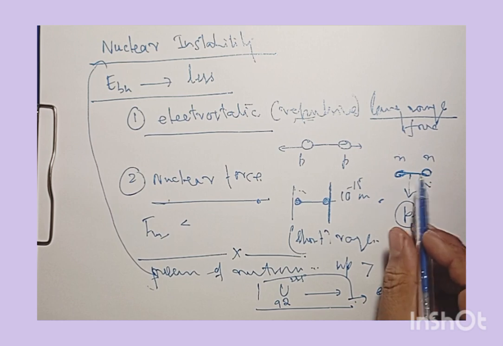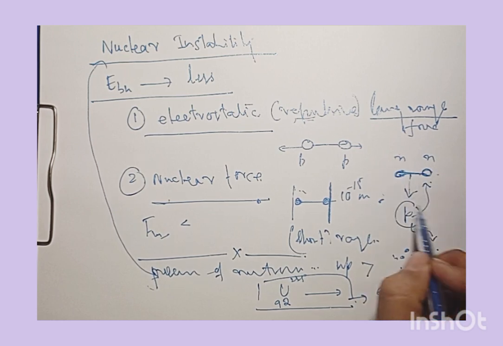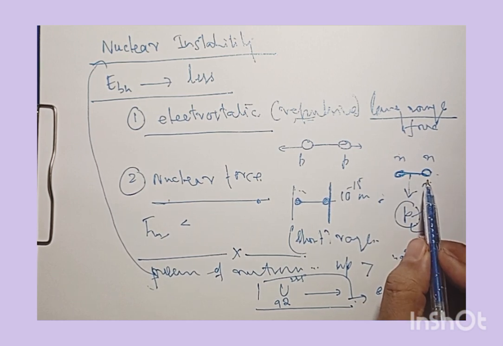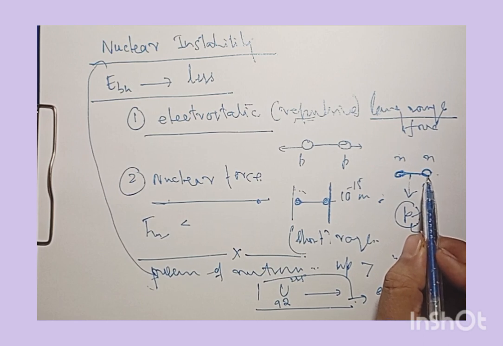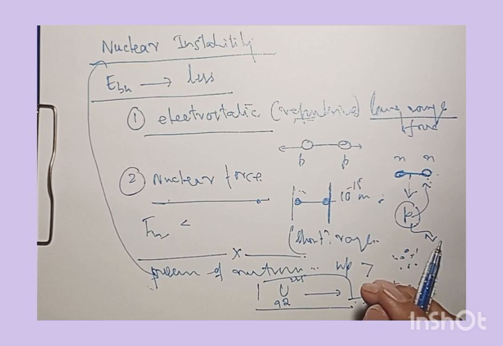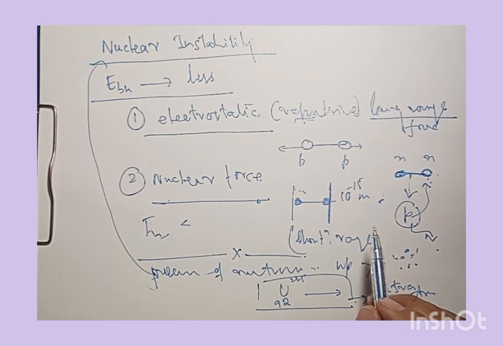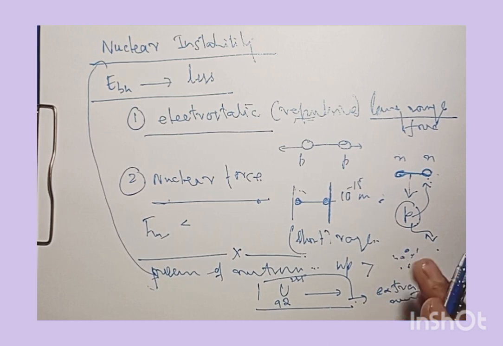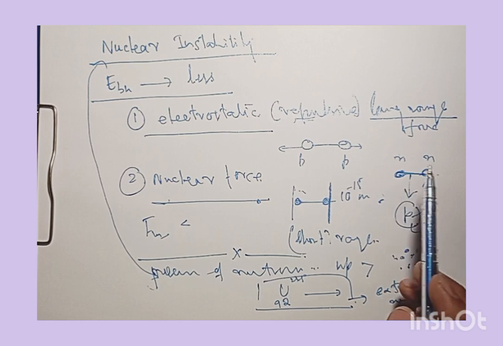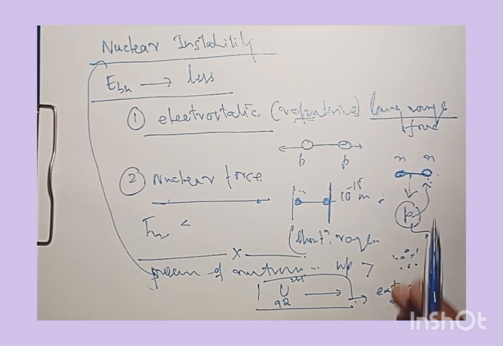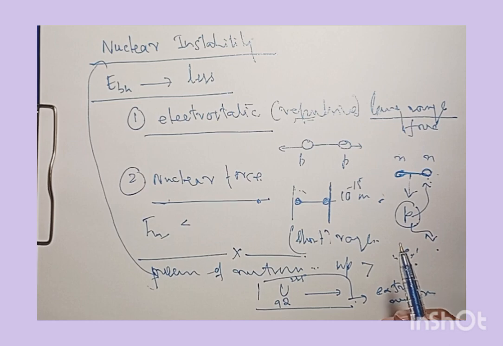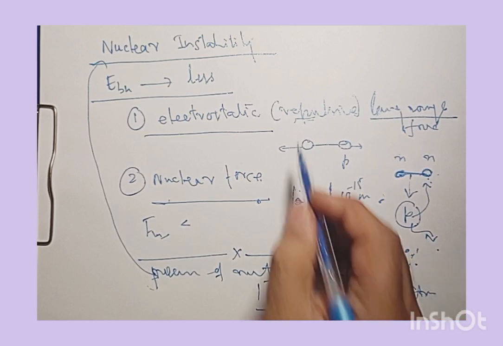At the same time, the nucleus is attaining stability by virtue of the neutron, because there is an attractive nuclear force between the neutrons inside the nucleus, and this may be the reason that this excess of neutrons provides the extra attractive nuclear force to compensate the electrostatic force of repulsion. Now, a nucleus becomes stable if the number of neutrons is equal to the number of protons.